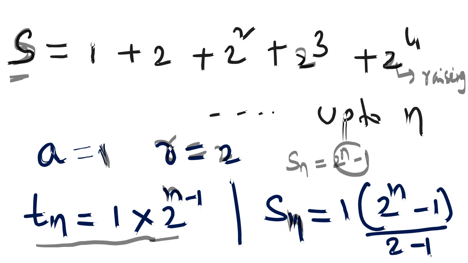This is the sum to n terms. Suppose n is 1, the sum is only 1. If n is 2, the sum is 3, as you can see: 1 plus 2, the sum is 3. By observation you can also find the last term. So this is a perfect example for the growth model.